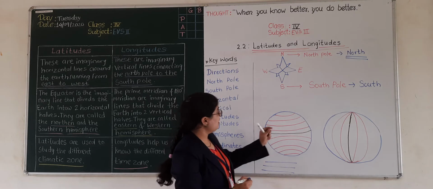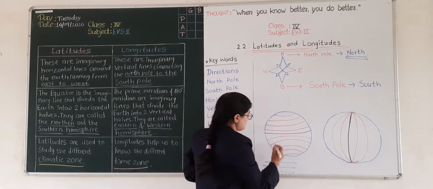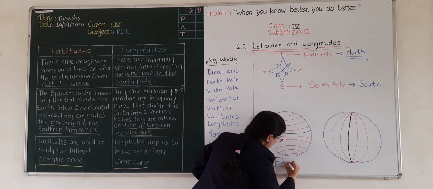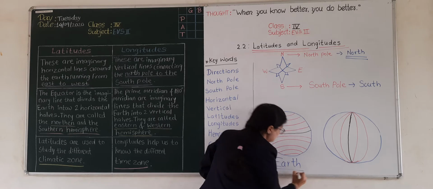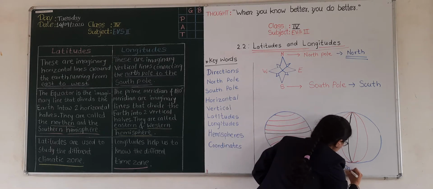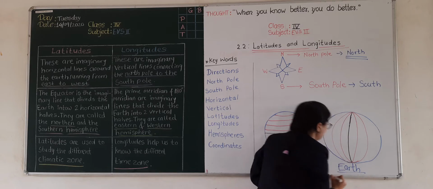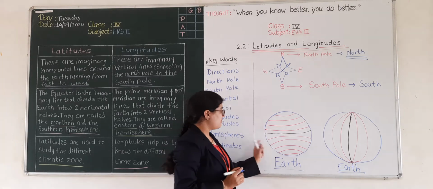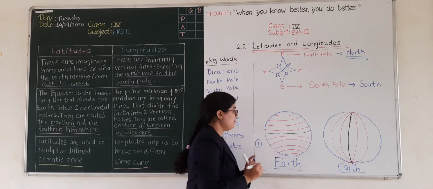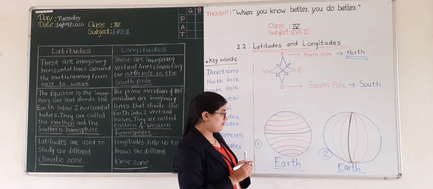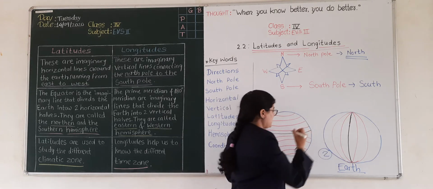So here you can see, suppose you can consider these diagrams as our earth. In the first diagram, I have drawn some horizontal lines, and in the second diagram I have drawn some vertical lines.